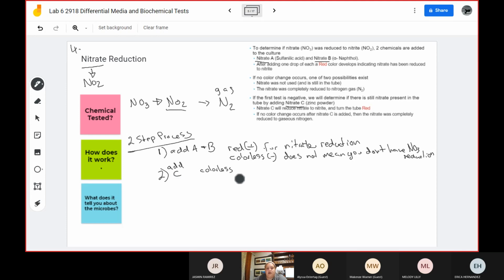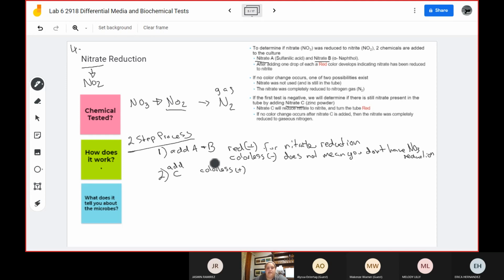So if it remains colorless, it means that there is no NO3 in the system that can be converted to NO2, because this zinc powder forces any NO3 left in the tube to become NO2.